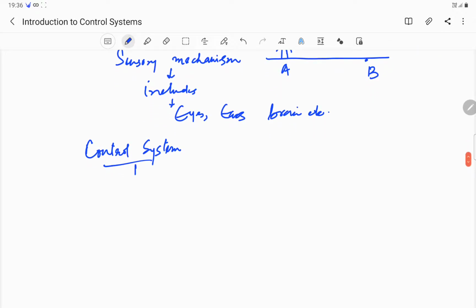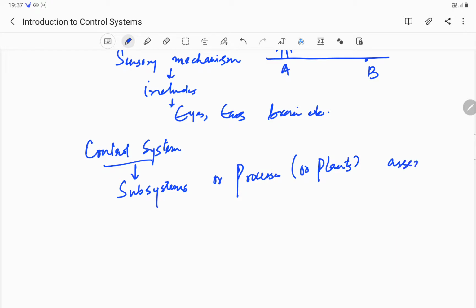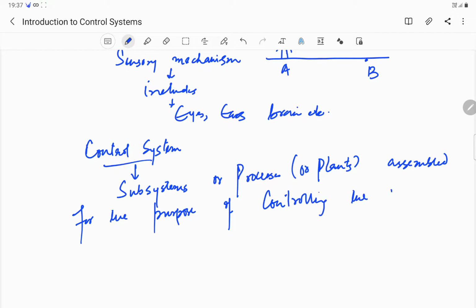A control system basically consists of subsystems, or processes, or sometimes also called plants, assembled for the purpose of controlling the output of the process.